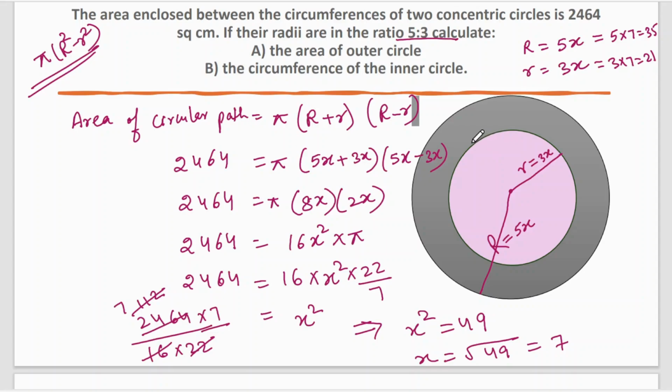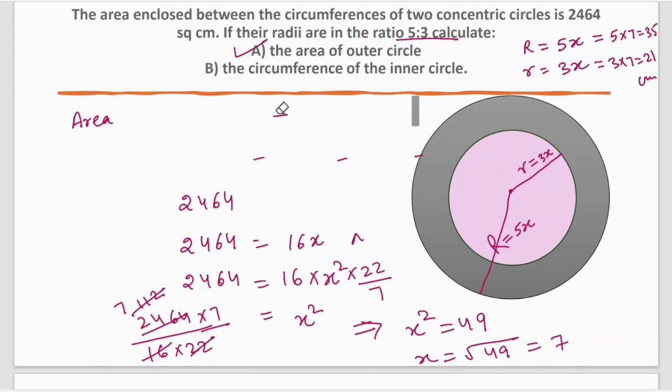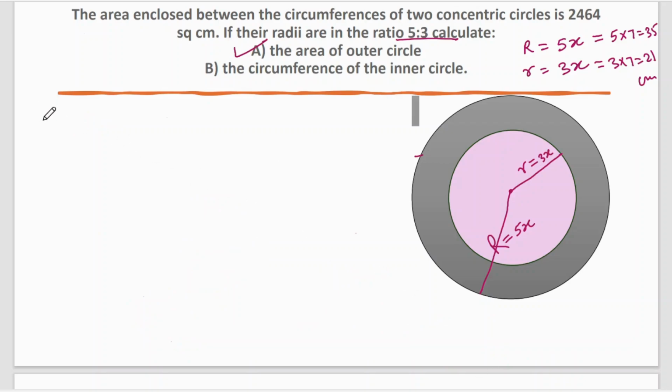The unit will be in centimeter. Keep it in centimeter. Now let me solve the questions they have asked. The first question they have asked is the area of the outer circle. So let me erase this. So area of the outer circle. I'm solving the first question.